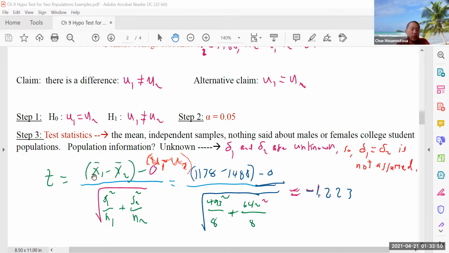X1 bar minus X2 bar minus mu1 minus mu2, but because this is going to be 0, I just put 0 there, divided by the square root of S1 squared divided by N1 plus S2 squared divided by N2.